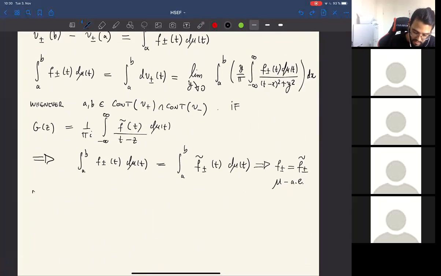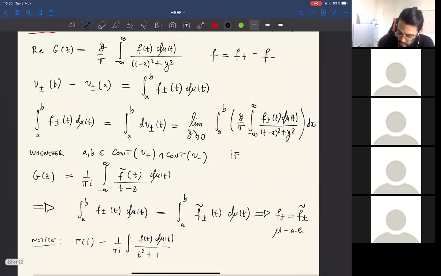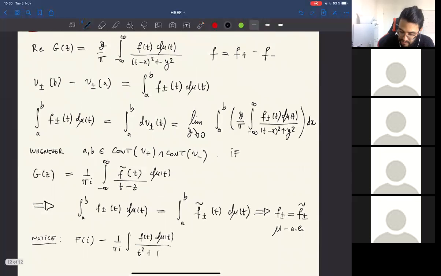So and then notice that, let's say, F of i minus, say, 1 over pi i integral of f(t) over t squared plus 1. Yes, I'm putting z equals i.